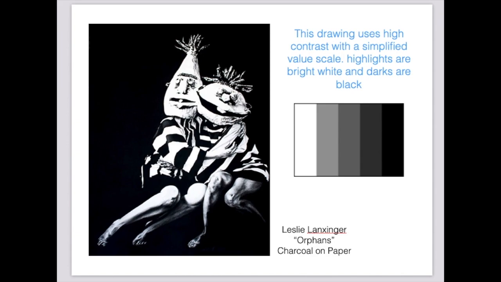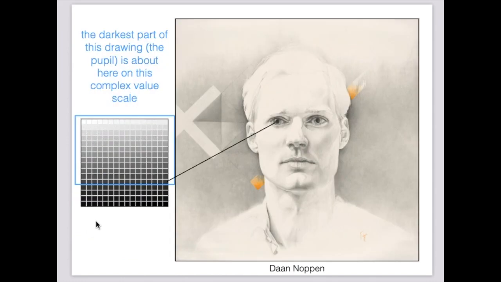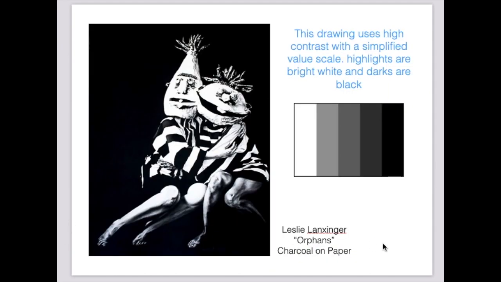Okay, so here's another drawing that still uses a full range of value, right? We're getting all this definition in these figures' legs here, but a very different approach compared to this drawing, right?